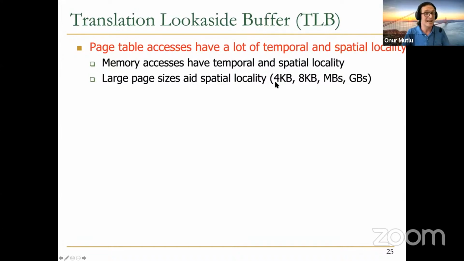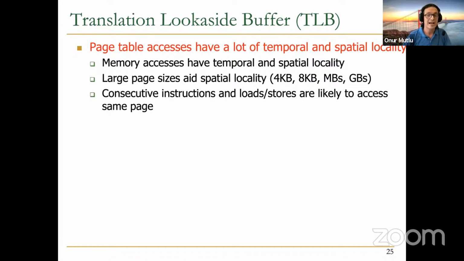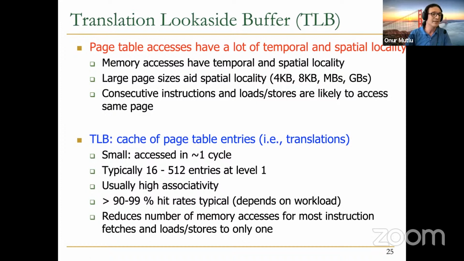But large page sizes aid spatial locality actually a lot. If you have a gigabyte page size and if you're actually traversing a gigabyte array and your translation granularity is gigabytes, then you just need one single entry, right, in your TLB as well as the page table. And consecutive instructions and loads and stores are likely to access the same page, as we have discussed many times. So TLB works just because other caches work, and TLB is a cache of page table entries.